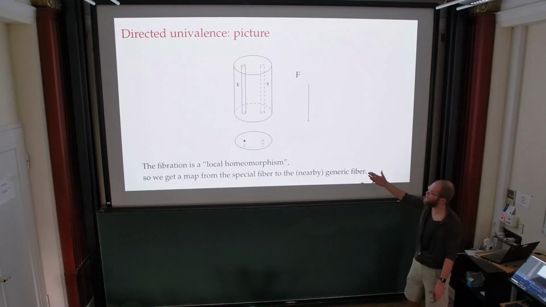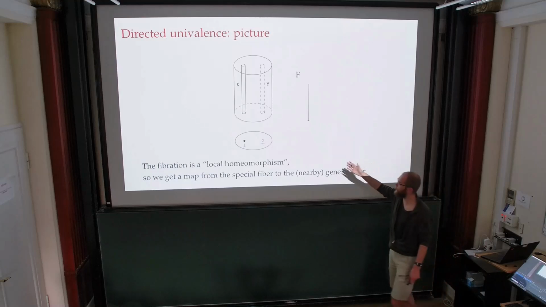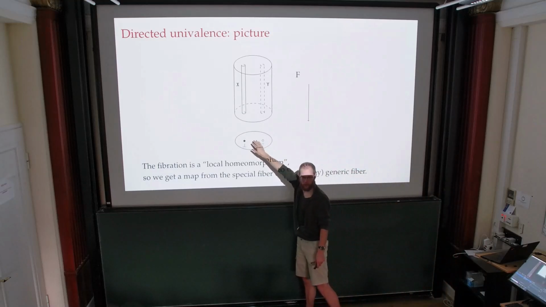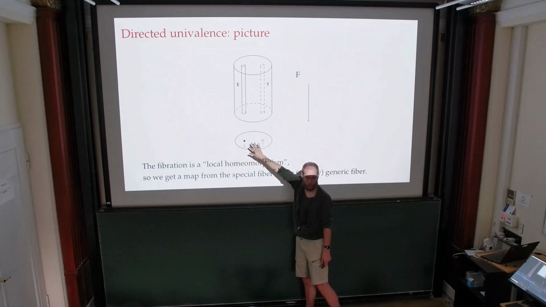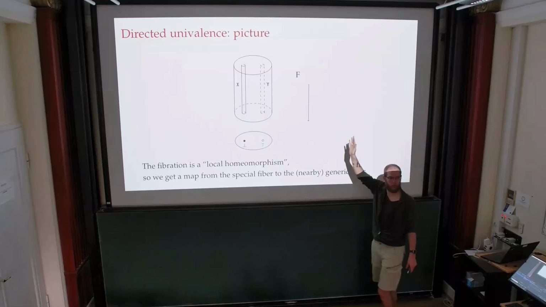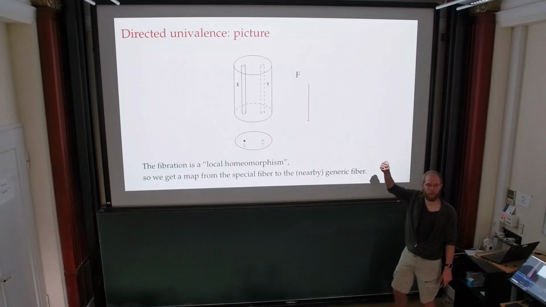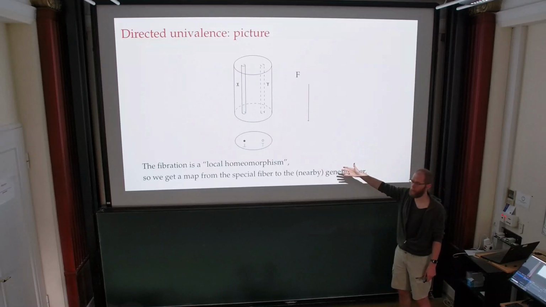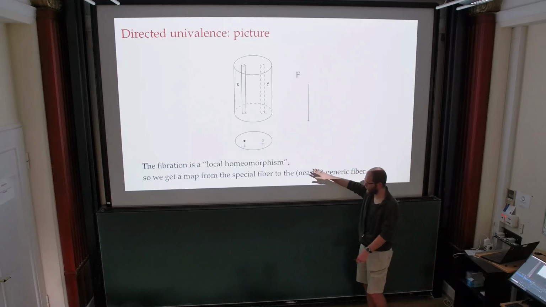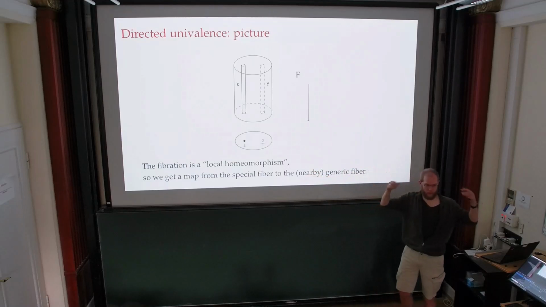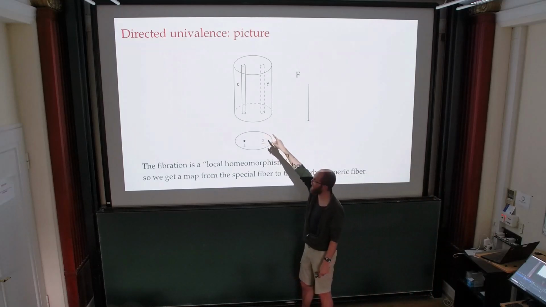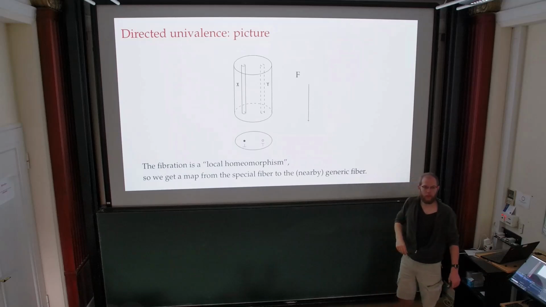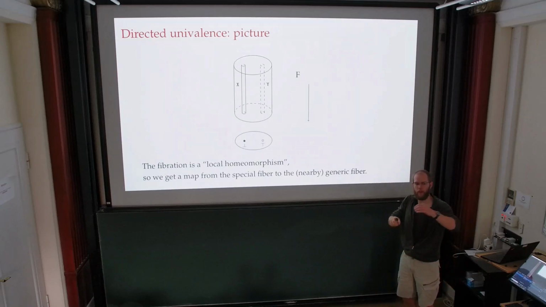And this fibration is a local homeomorphism, exactly because the fibers are ODisc, right? We're mapping every point in O prop to something in the universe ODisc. And that meant that it's a local homeomorphism. And so, just intuitively thinking from topology, if you have a local homeomorphism, you take a point in the special fiber, then it extends to a little open neighborhood.